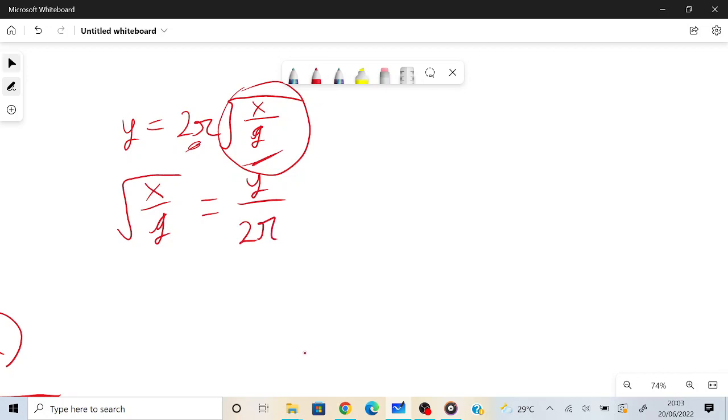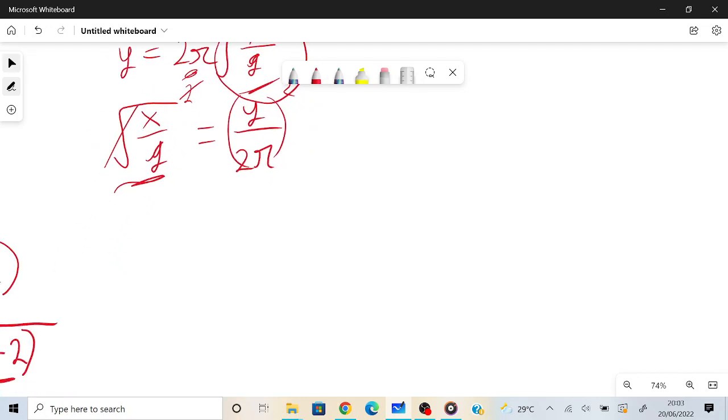Now, if you see, we're square rooting the whole of this. So if we square this, of course, the square root and this cancel out, and then we square the whole of this. Doing that, we have x over g equals y squared all over 2 pi squared.